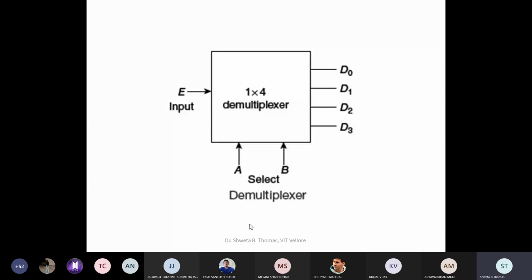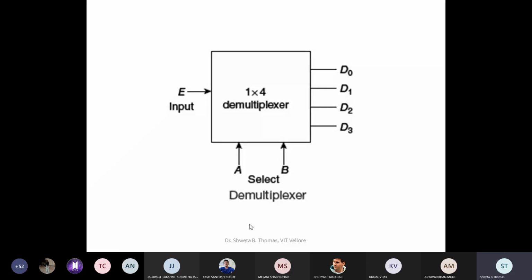How many combinations will there be for the selection line? For 1 to 4, the number of select lines is equal to 2. So total how many combinations will we have? 4 combinations. So if selection line A is 0, B is 0, then which one will activate? D0. Then for 0 1, the next one, that is D1. Then D2, then D3.